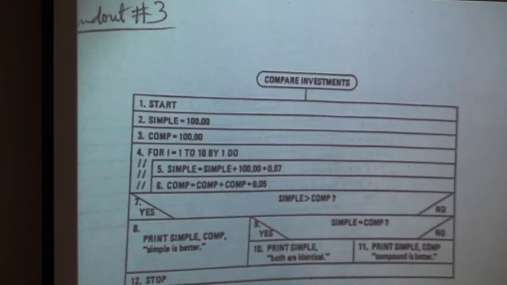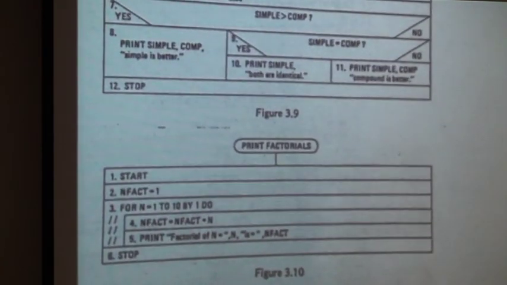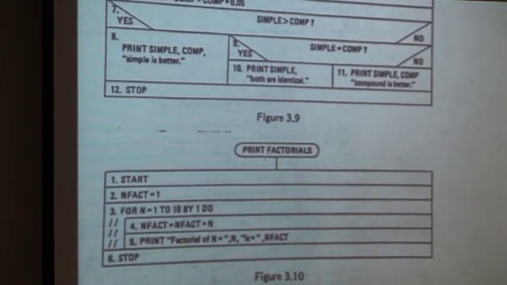Let's see, which one do we have here? Yeah, this is the factorial program. If you have to calculate the factorial of 10 in this example, n fact is 1, and you're going to print out all the factorials from 1 to 10, numbers 1 to 10. So this statement is the critical one.